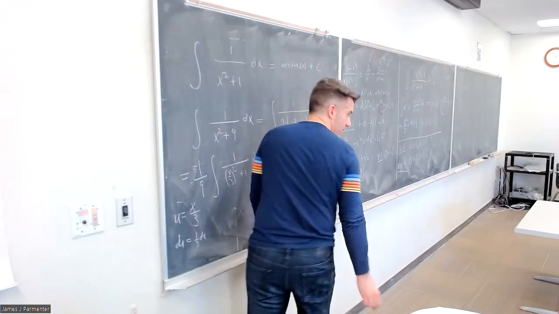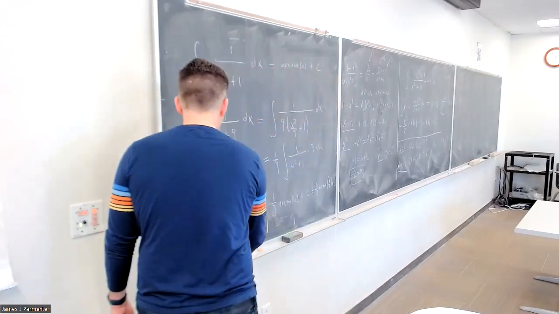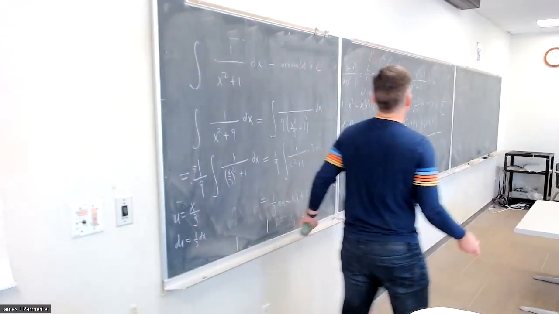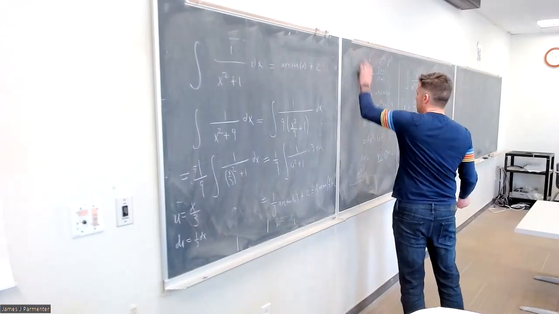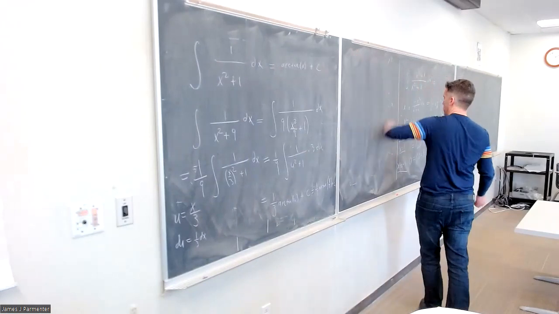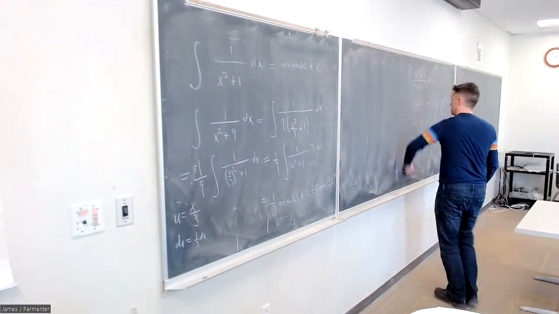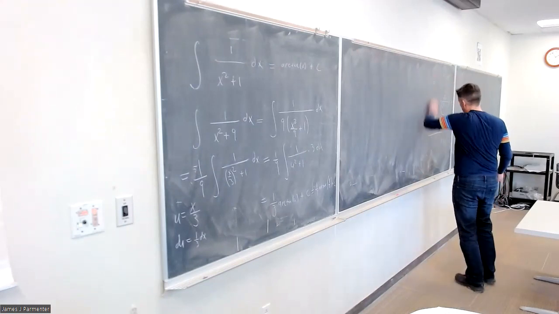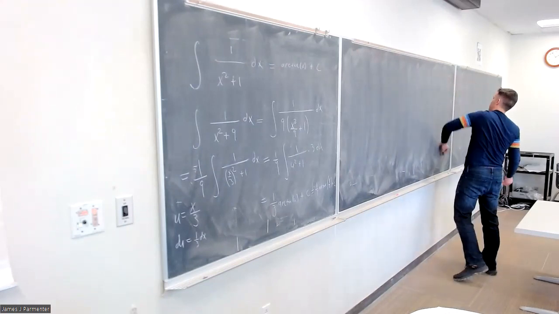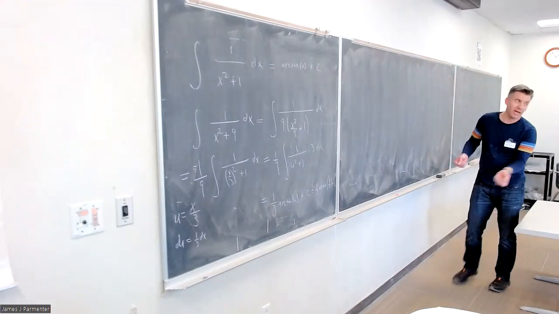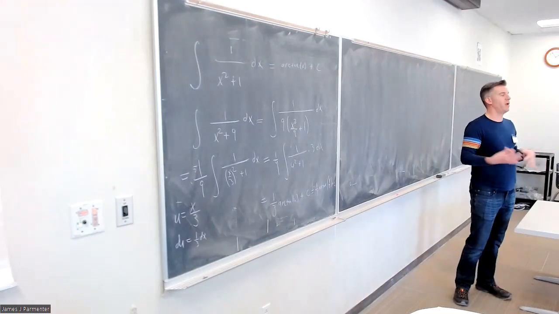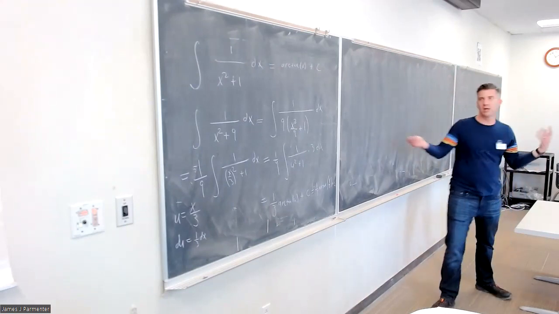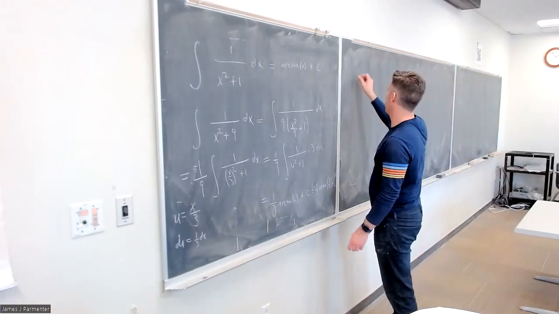What I want to point out about this is that it comes up when you're doing integration by partial fractions. Here's what I mean. Let's say we had some terrible partial fraction problem, and we did all the partial fractions, blah, blah, blah.